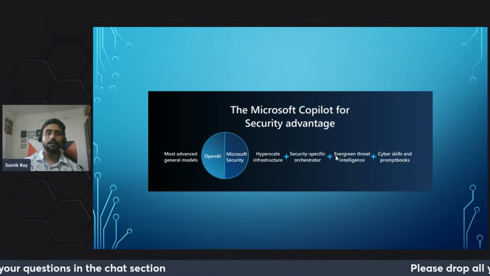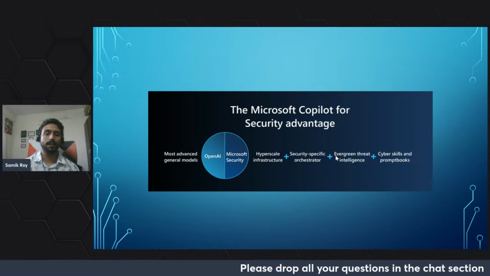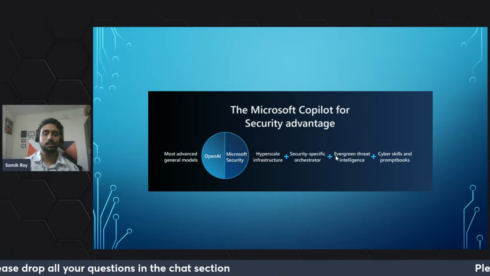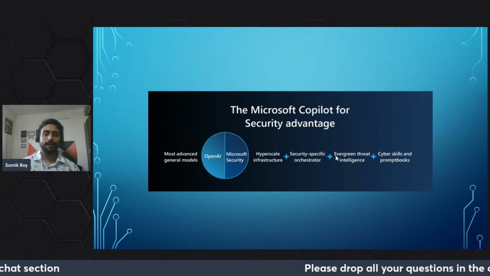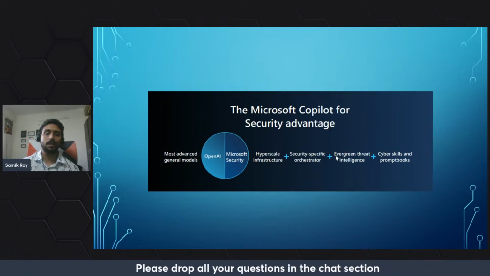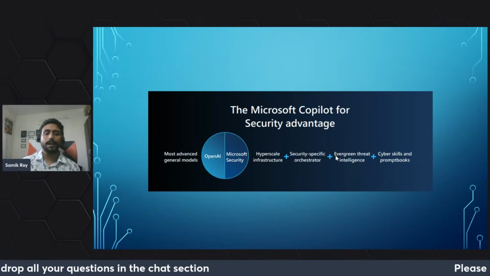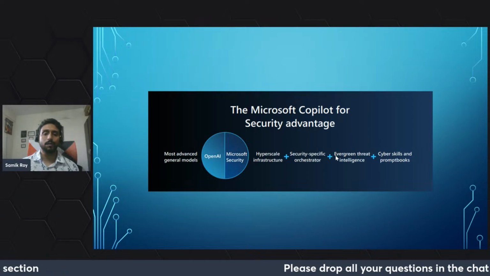So having everything in one place, putting it through the lens of OpenAI with a hyperscale architecture, and with the model behind the scenes trained for security, that's where you get the advantage. The idea is to reduce the entire turnaround time from an incident being raised to responding, closing, or taking preventive action.